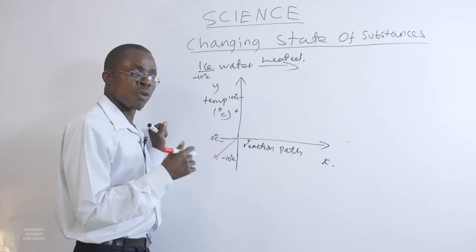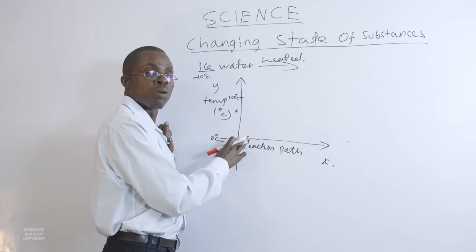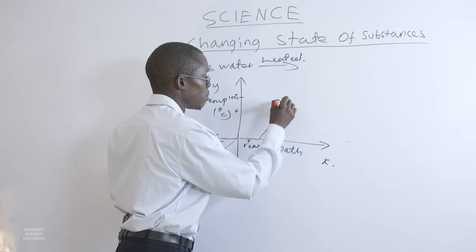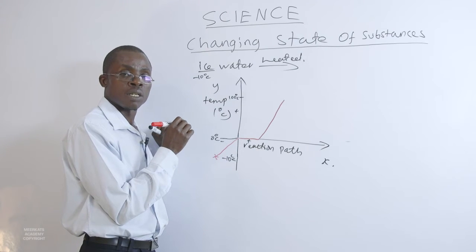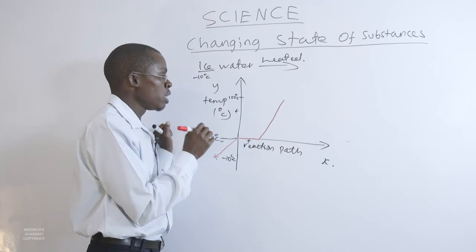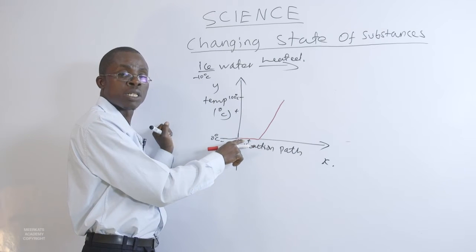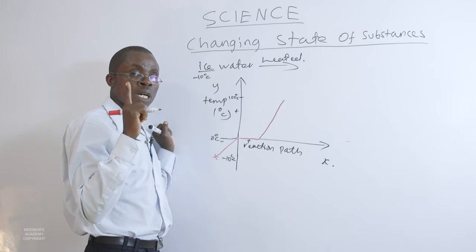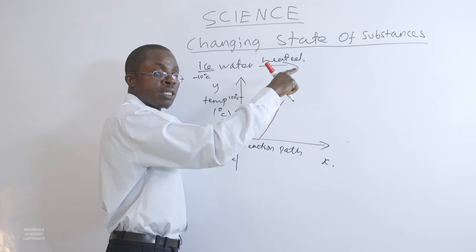Then addition of heat energy will no longer be breaking the bonds, but it will now be raising the temperature. On reaching 100 degrees centigrade, the same happens as what happened down here. That is, you again do one thing at a time, and that is break the bonds from liquid to gas.